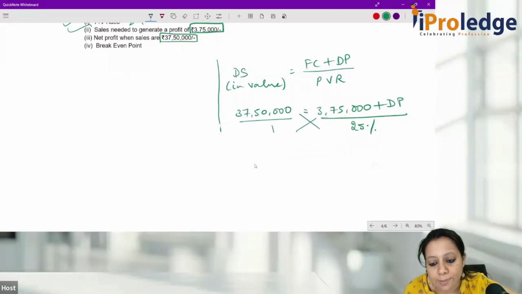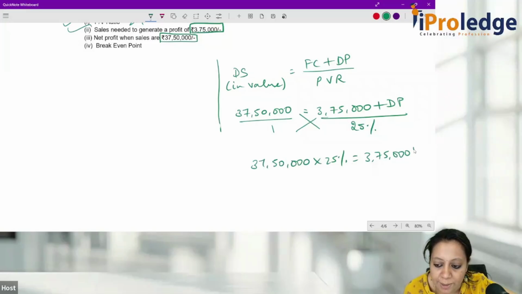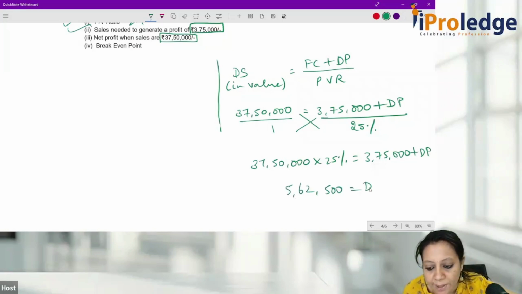Now we will do cross multiplication. 37 lakh 50,000 into 25 percentage is equal to 3 lakh 75,000 plus desired profit. So 37 lakh 50,000 into 25 percentage minus 3 lakh 75,000 is going to be 5 lakh 62,500. That is the desired profit.